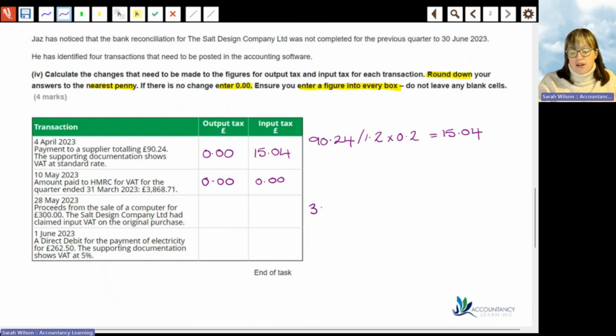So again, we would do our calculation to find our VAT. And this time it'll be in our output column. And therefore we put 0.00 for our input to make sure we've got our box covered.